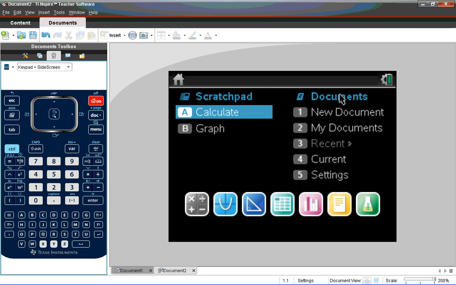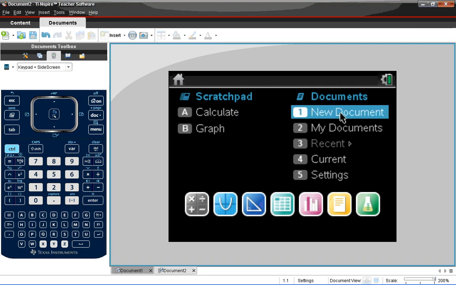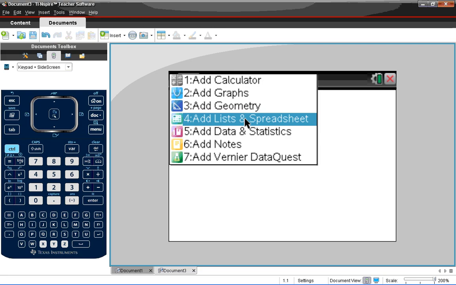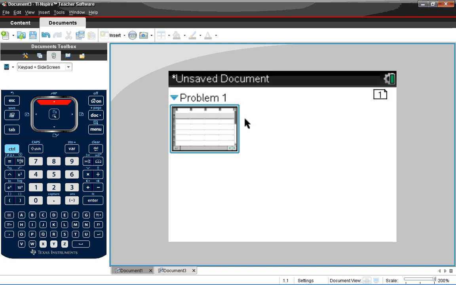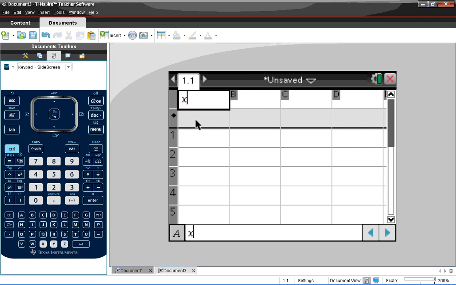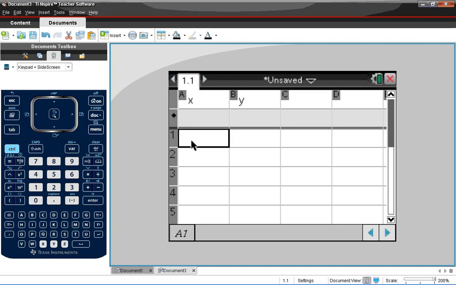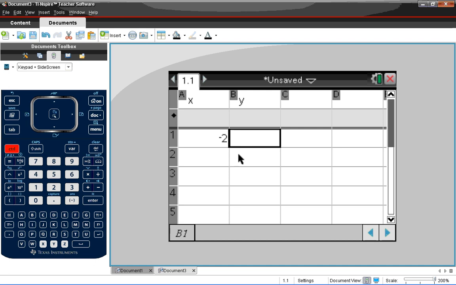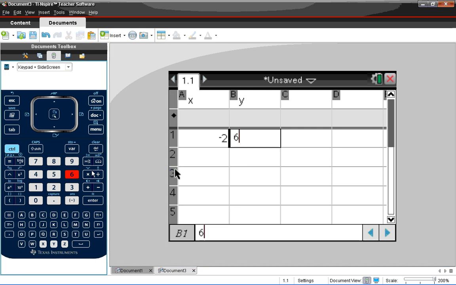Okay, so I'm going to start out by making a new document. No to save. And I'm going to start by adding a list and spreadsheet. So I'm going to label my columns X and Y. And they gave us 3 points, which were negative 2, 6, so there's negative 2, 6.